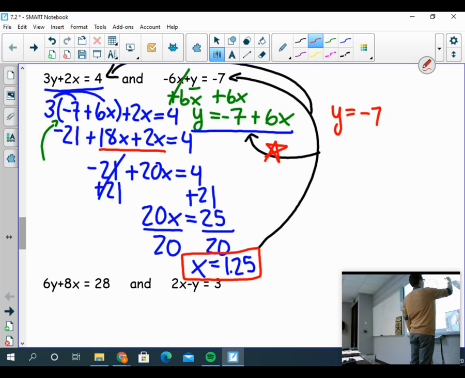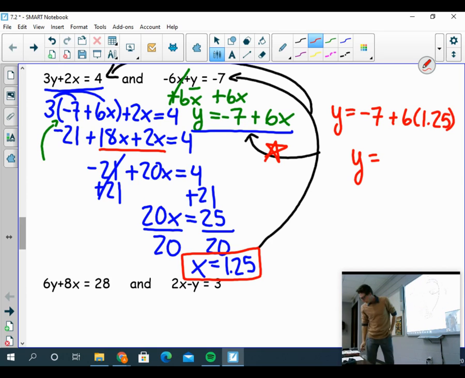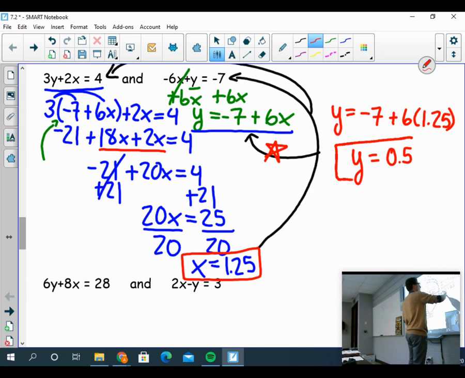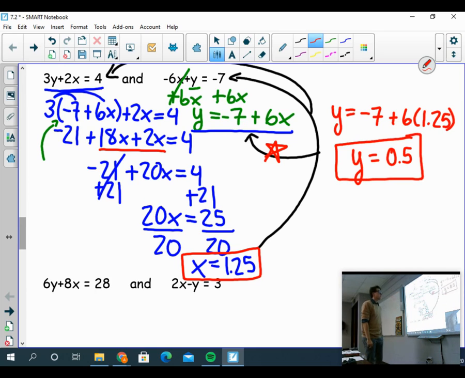So I plug 1.25 in, and when I do that, I end up with y equals 0.5. Again, you can do -7 plus 6 times 1.25 in the calculator, and you will get y equals 0.5.